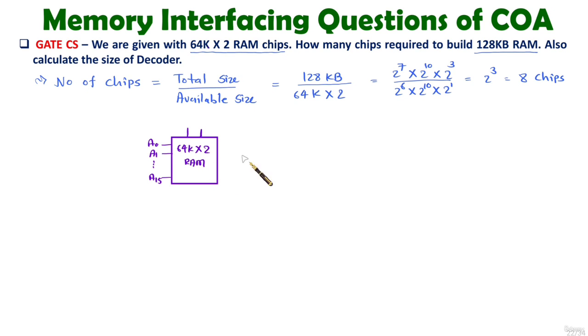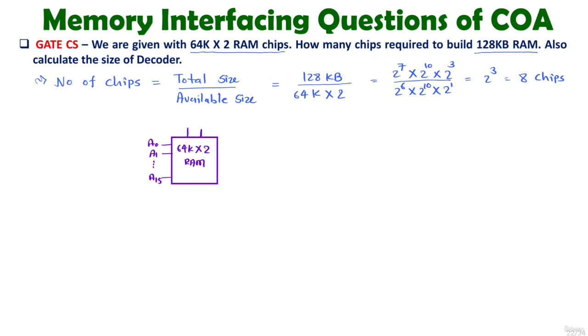Similarly, how many chips are there? 8 chips are there. Now see how many data lines are required in this chip. We require 8 bits, B means 8 bits. So horizontally we need 4 RAMs so that we can have a total of 8 data lines. With a single RAM we have 2 data lines available, so in total 4 RAM chips need to be connected horizontally.